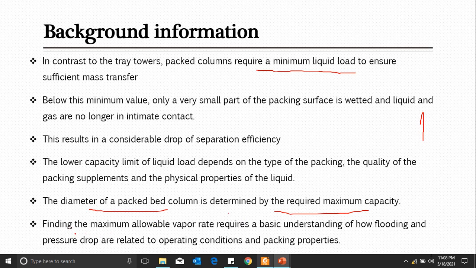When we find it, we also have to find something called the maximum allowable vapor rate. We will look at that in the next few slides.